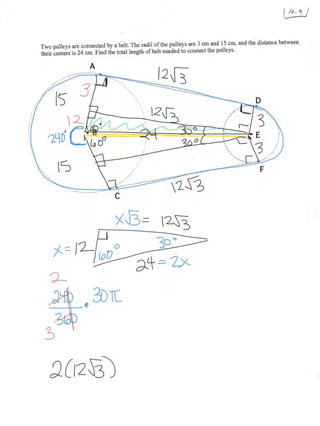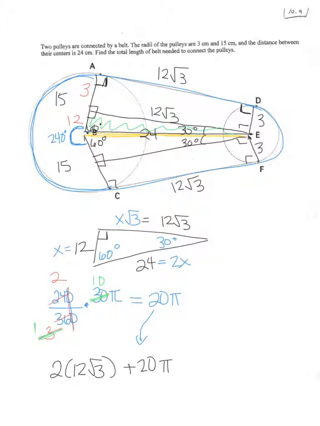And then 30 pi and 3, those can be simplified to 1 and 10. So now let's multiply across. We have 2 times 10 times pi, which is 20 pi. And that is the arc length right here. So that's part of the belt. So let's add that in down here. We have plus 20 pi.